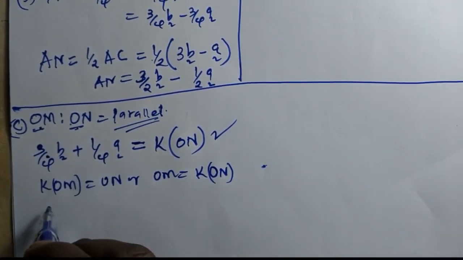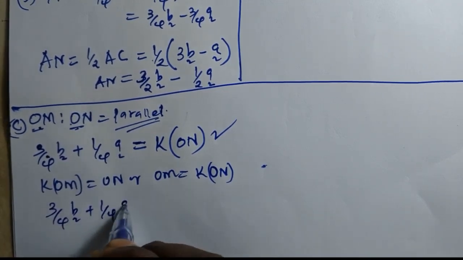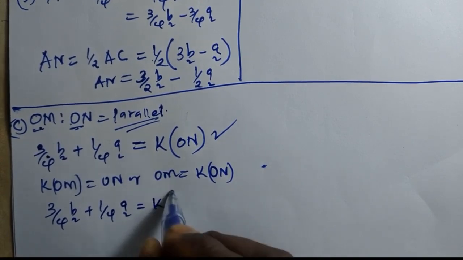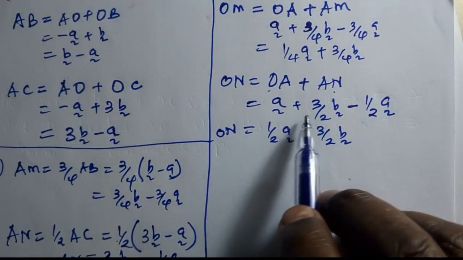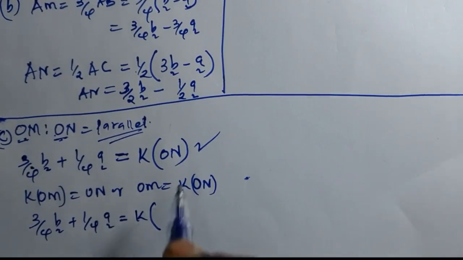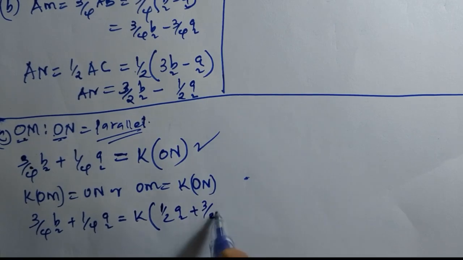So 3 over 4 vector B plus 1 over 4 vector A is equal to kON. Our ON is here. You write it: A plus 3 over 2B.